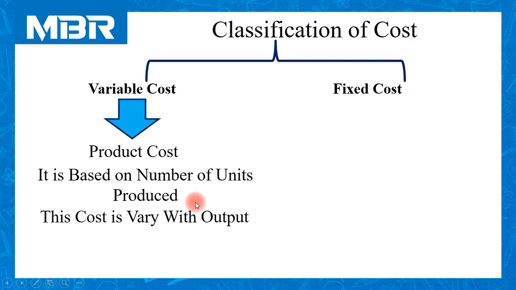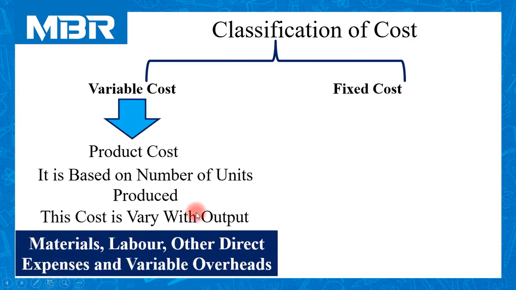With the output, the cost is going to change. If the output is increased, the cost is also increased, and if the output is decreased, the cost is also decreased.